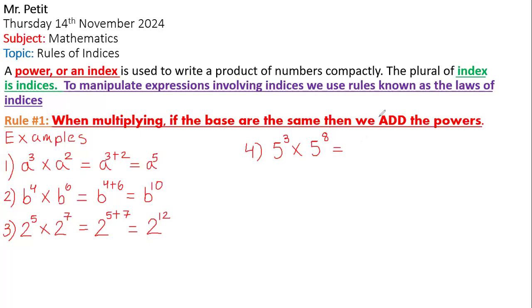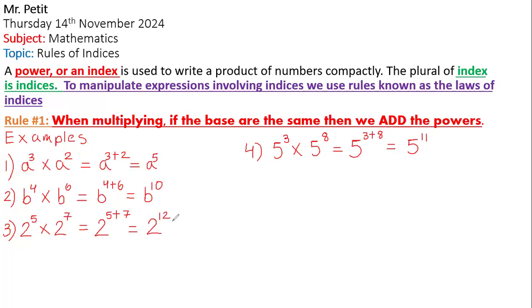What's going to be our answer here? 5 to the power of 11. So we have to add 3 plus 8. And what is 3 plus 8? 11. It's going to be equal to 5 to the power of 11.